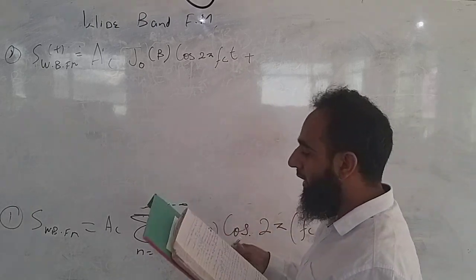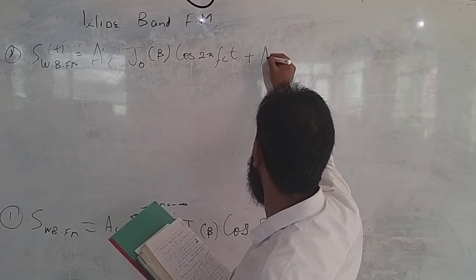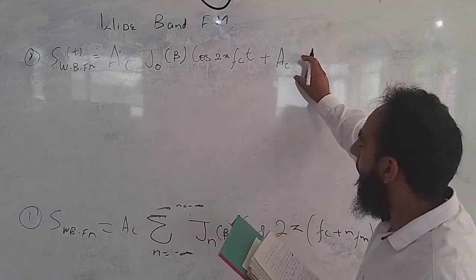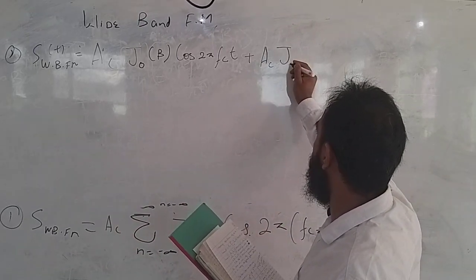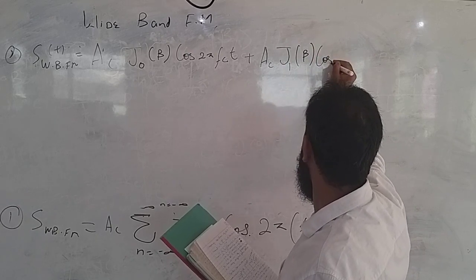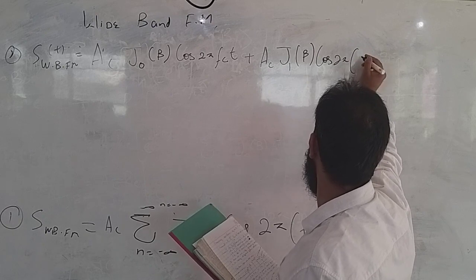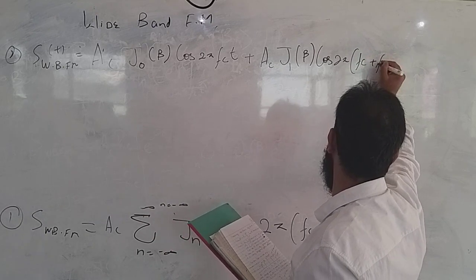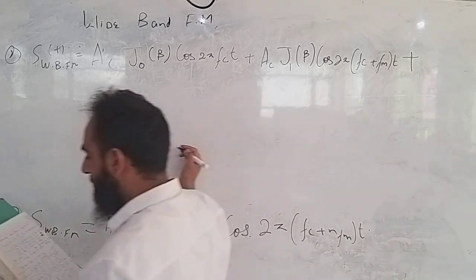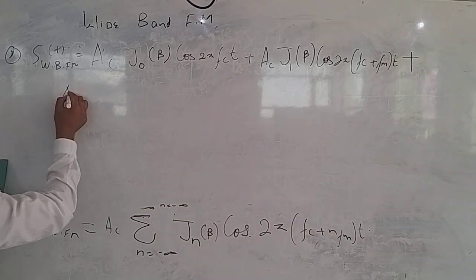Now let's put n equal to 1. By substituting n equal to 1 in this summation, the next component will be A_C J1 of beta cos of 2 pi fc plus fm of t. Now let's put n equal to -1.